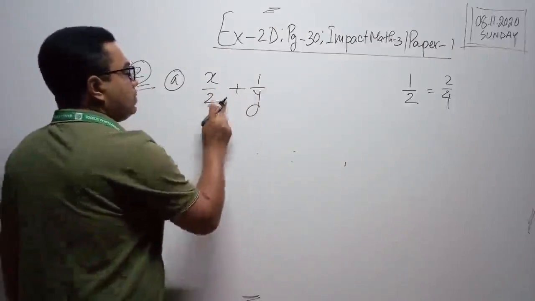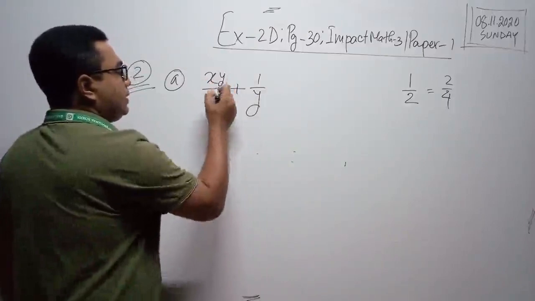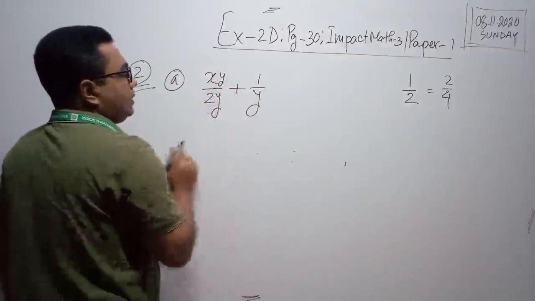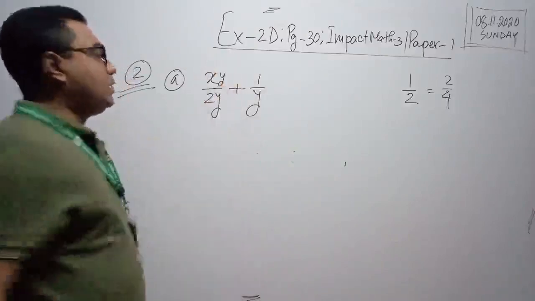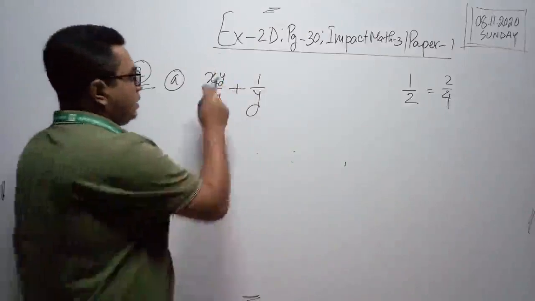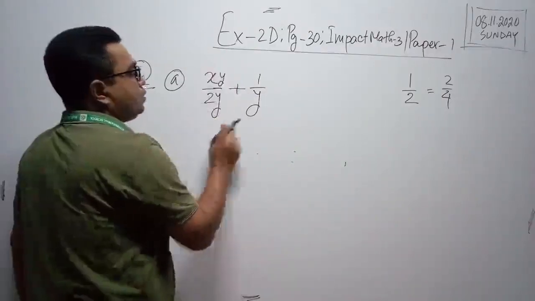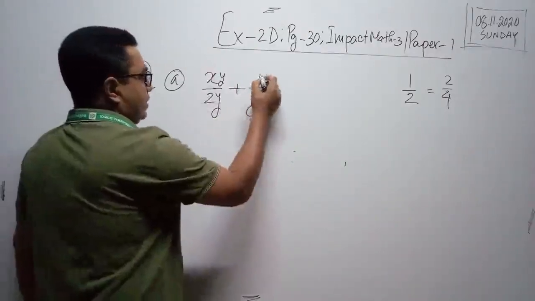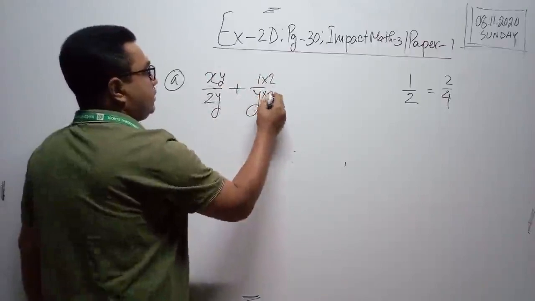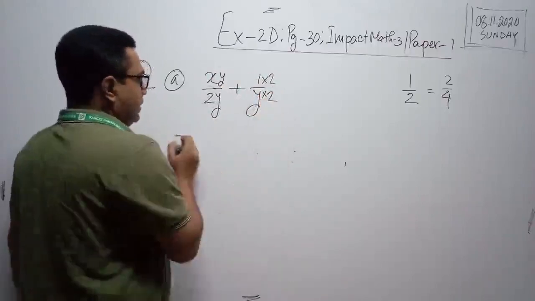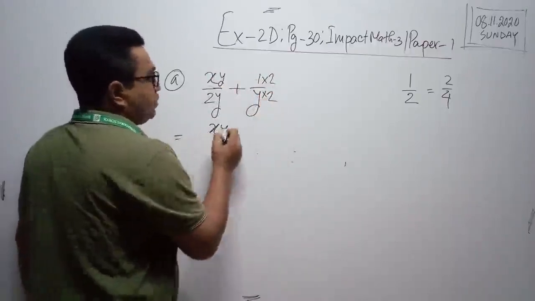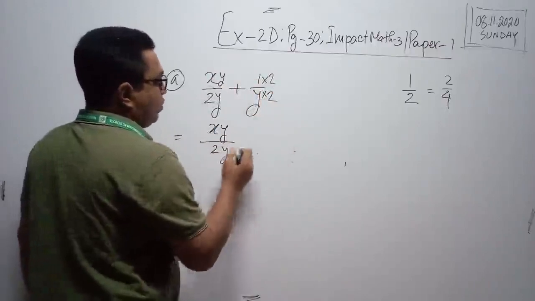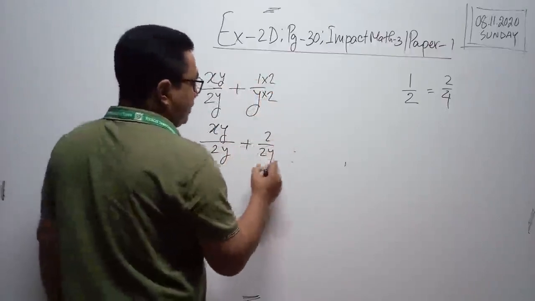If you multiply y in the numerator and the denominator, you will get xy divided by 2y. And here, if you multiply 2 by 2, you will get the same thing, 2y. So 2 by 2y.